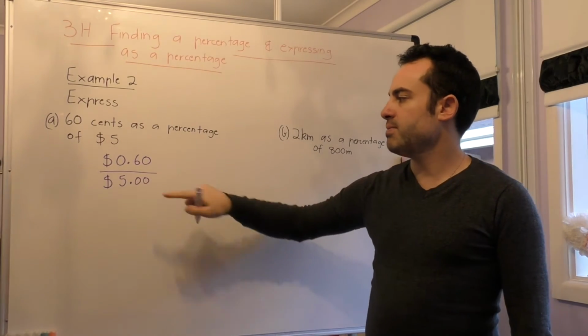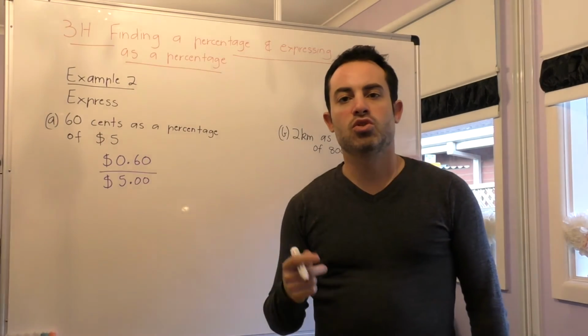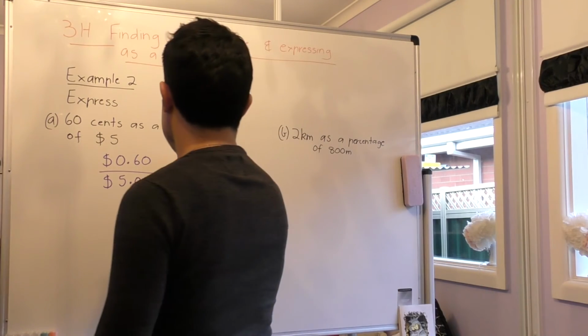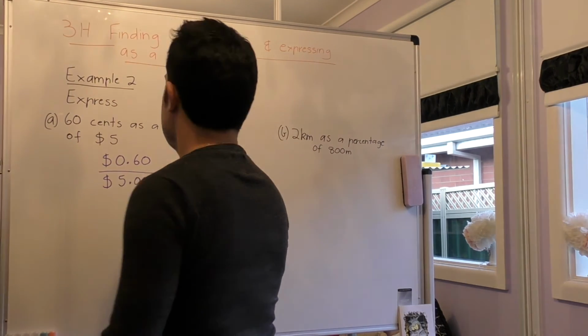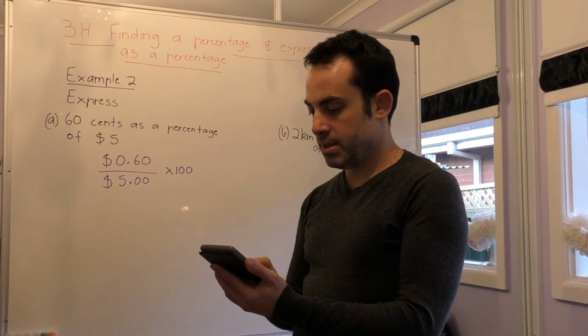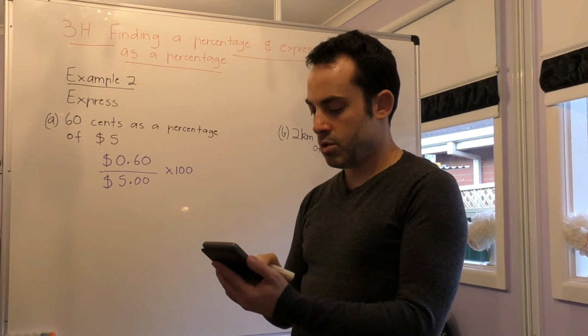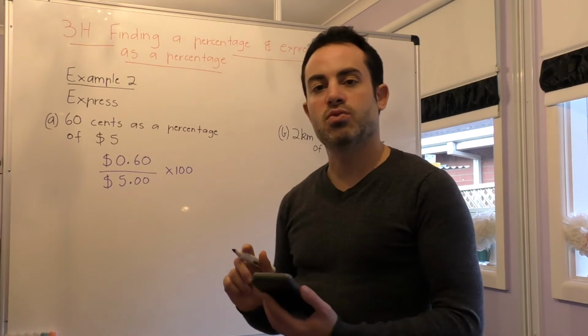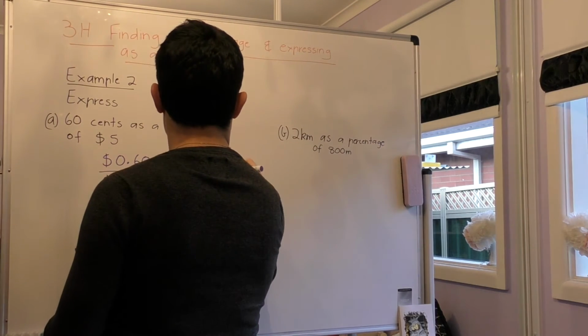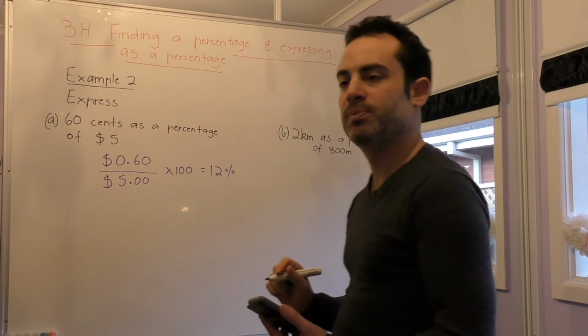I've written that as a fraction. What do I need to do to convert it to a percentage? Times it by 100. I'm going to put that into my calculator: 0.6 divided by 5 times 100, and I will get 12%. So 12, and then put the percentage sign at the end.